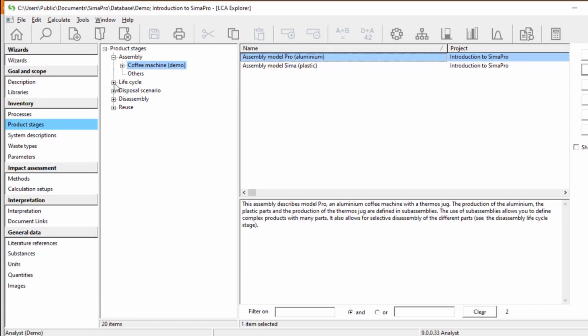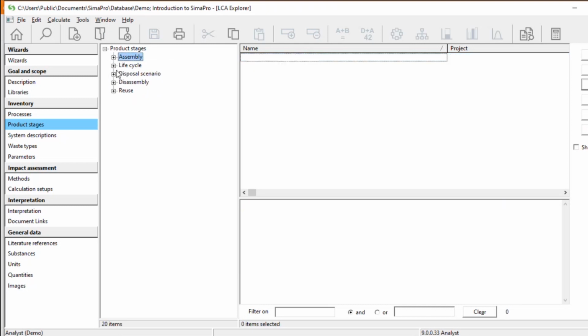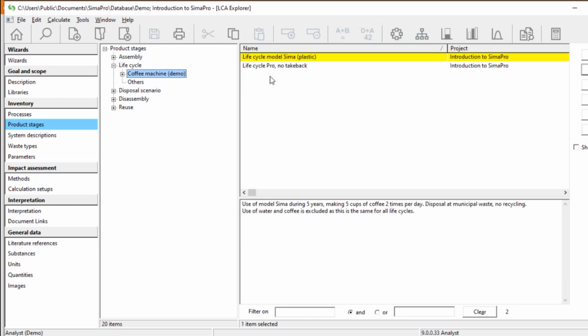If we click life cycle here, you can see the coffee machine demo. Just click here. From here you can see life cycle model, and if you go to this one, you can see the entire life cycle of the system.